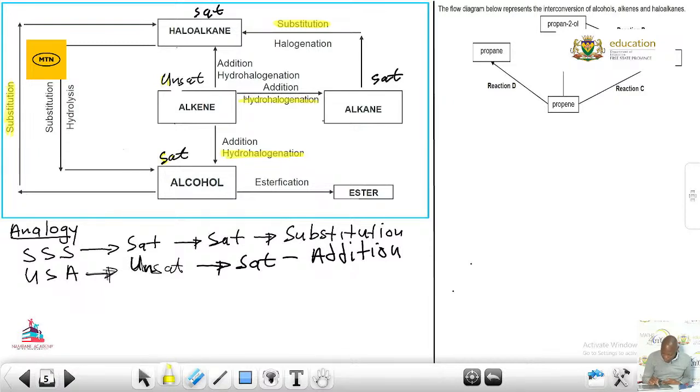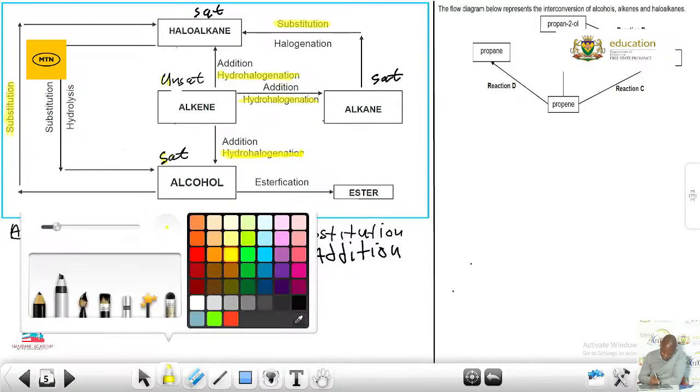Is it hydrohalogenation? Is it halogenation? It automatically depends on what we have and the type of information that the examiner is giving. So this is an analogy that I want us to take and use in our exam, such that we do not forget and we get everything right.